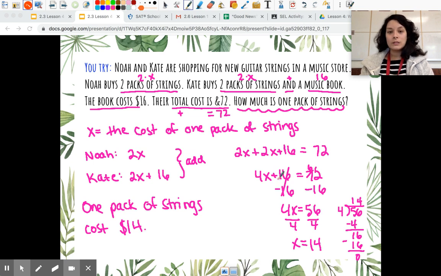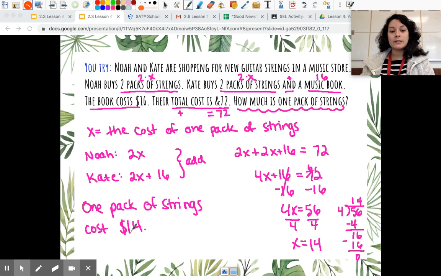There's no parentheses, so I don't need to distribute, and I can just combine my x terms, which gives me 4x. And at this point, it's a two-step. Undo the positive 16 by subtracting, undo the coefficient by dividing, and I did my long division off to the side here. I got x equals 14.